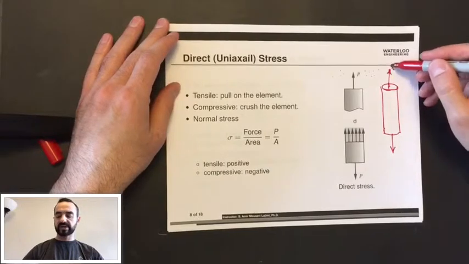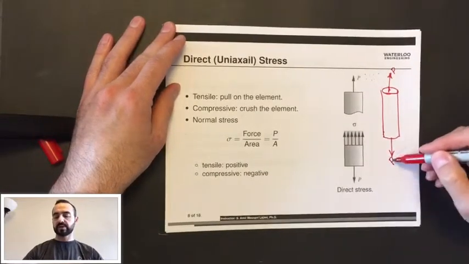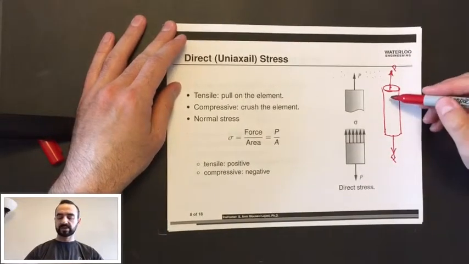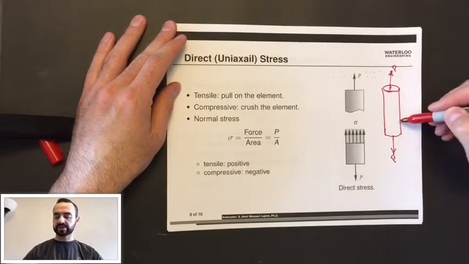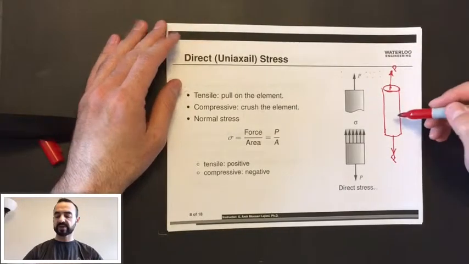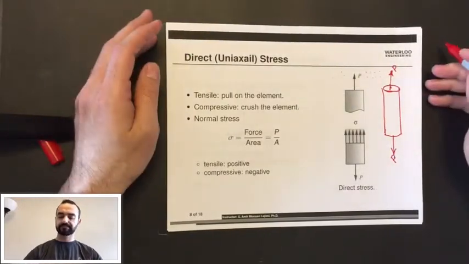So if for this element, this force goes to the centroid of the cross-section, if this element has a uniform cross-section, the cross-section is fixed, it doesn't change.